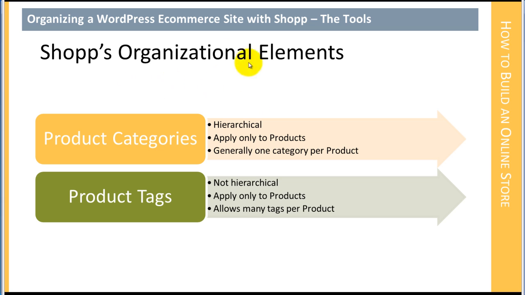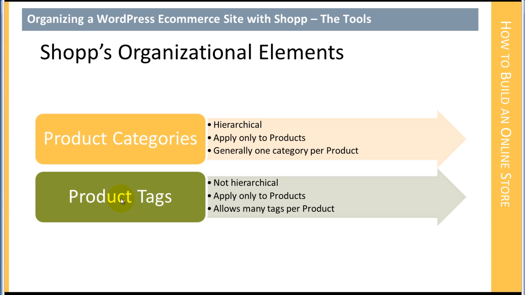And Shopp has organizational elements that are very strongly analogous to WordPress's organizational elements. That is, it has product categories. They are hierarchical. They only apply to products. That is, you're not going to apply a product category to a post or a page. And generally, you should only apply one category per product.